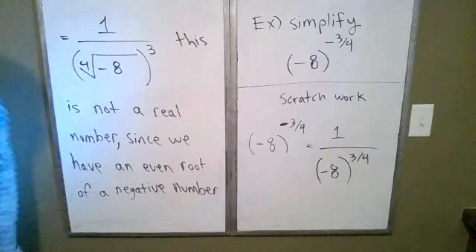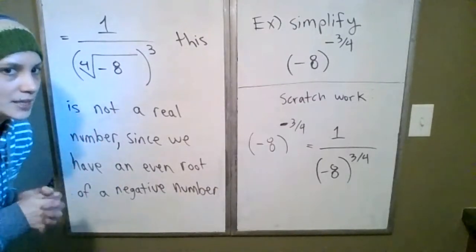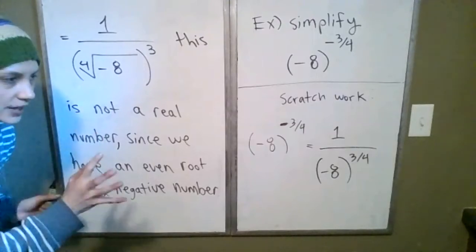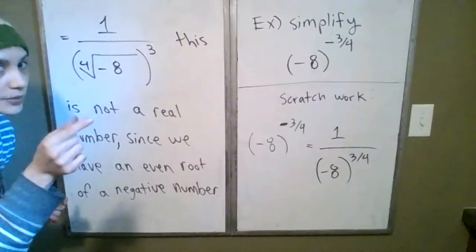Okay, I'm gonna try one more. And I'm going to make it kind of tricky on purpose, and then we're probably done for today. So let's take some kind of fraction and put it with a negative power that's also a fraction.